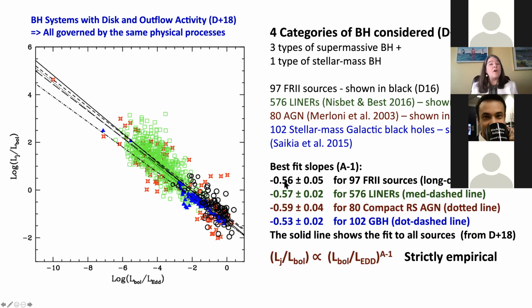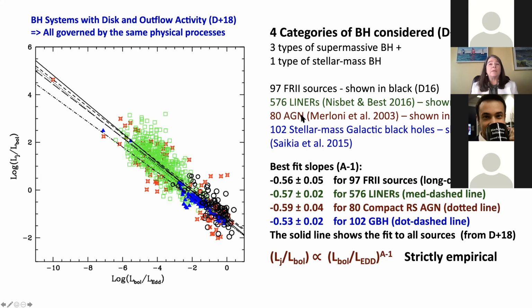Interestingly, the slopes of these all turn out to be quite similar. And of course, the slope obtained for the FR2 sources is completely and totally independent from the slopes obtained for the fundamental plane sources. So we notice they're all quite similar.